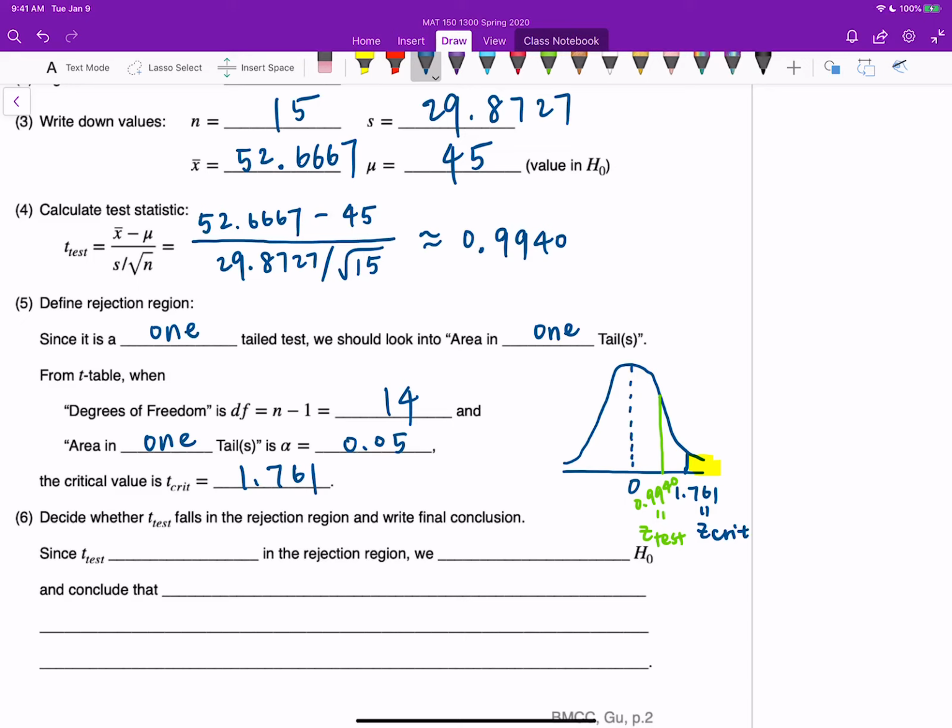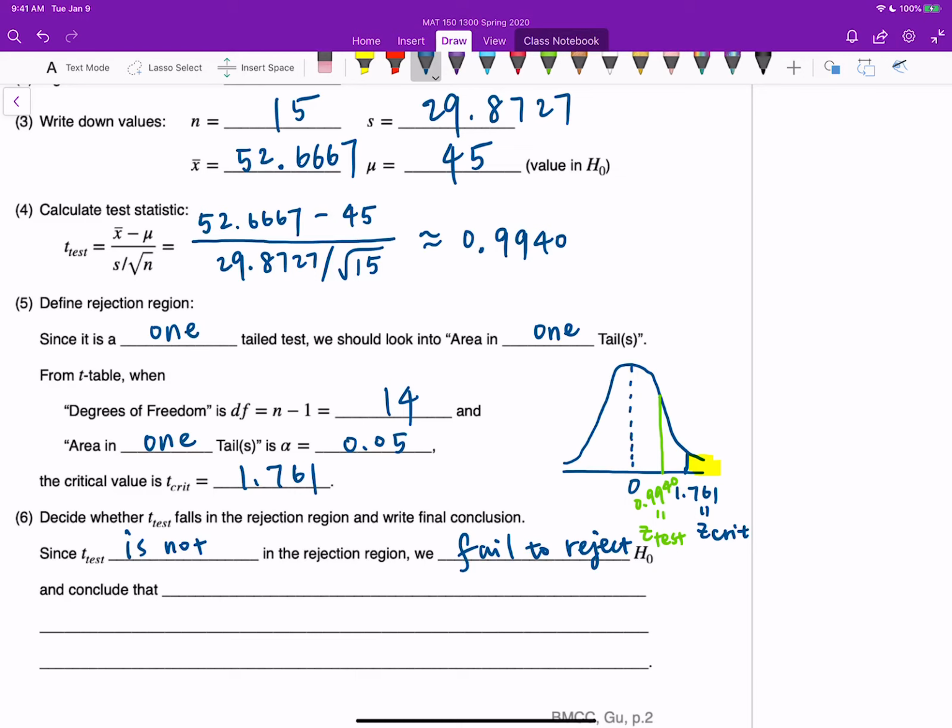So you could say, since the test statistic is not in the rejection region, we fail to reject H0. It's the same conclusion as our confidence interval method and p-value method, as you may remember.